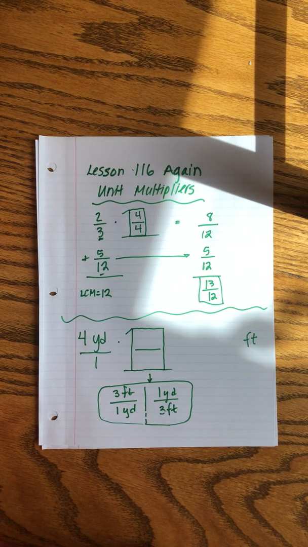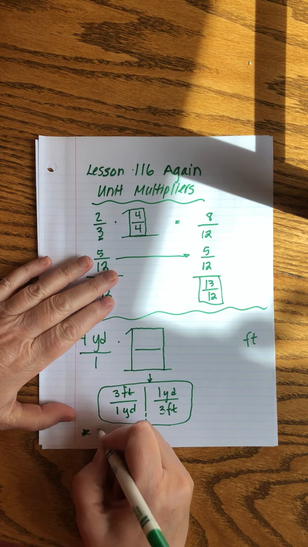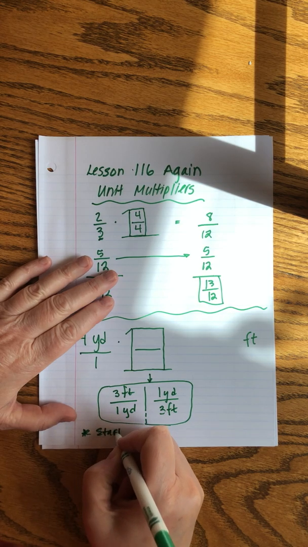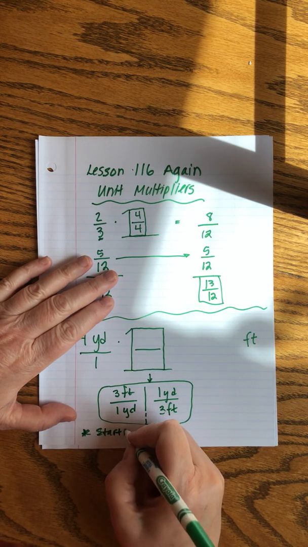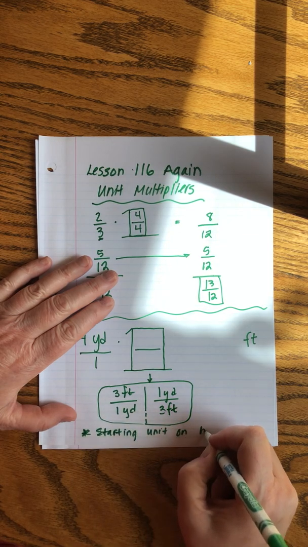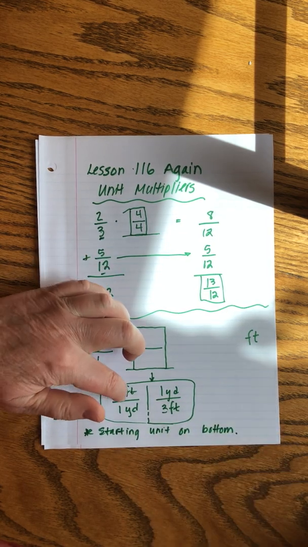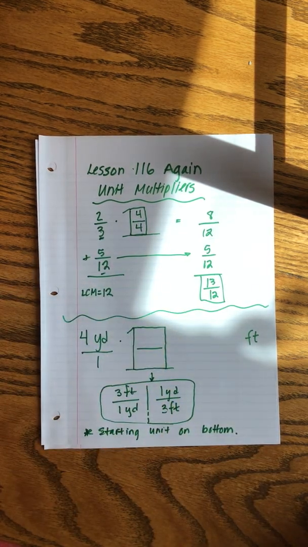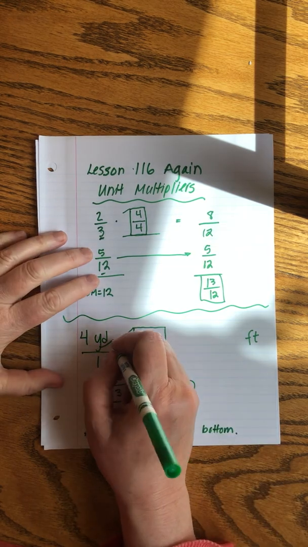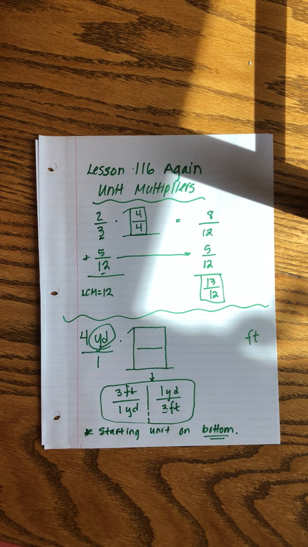Now, how do we know which one we should use for this problem? Here is the magical piece of information. We want to choose the version of this that has our starting unit on the bottom, the denominator, if you will, but bottom's easier to remember.